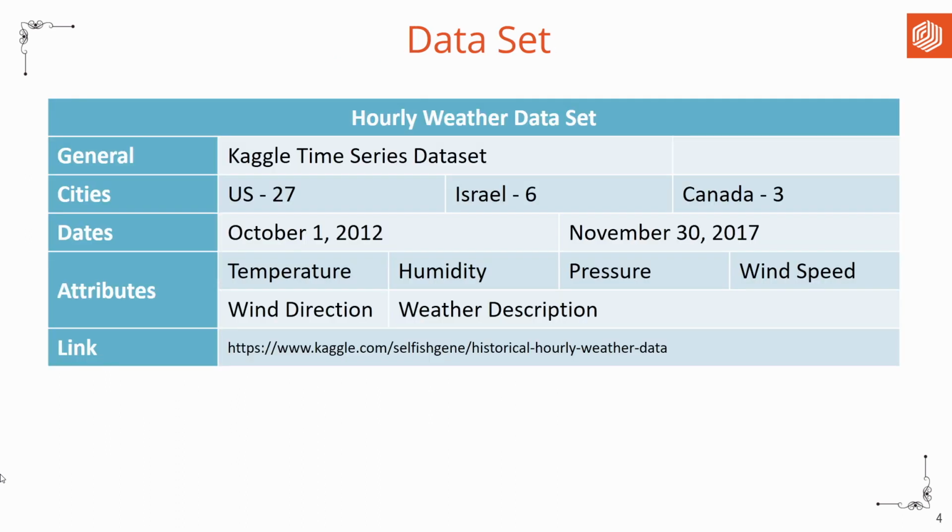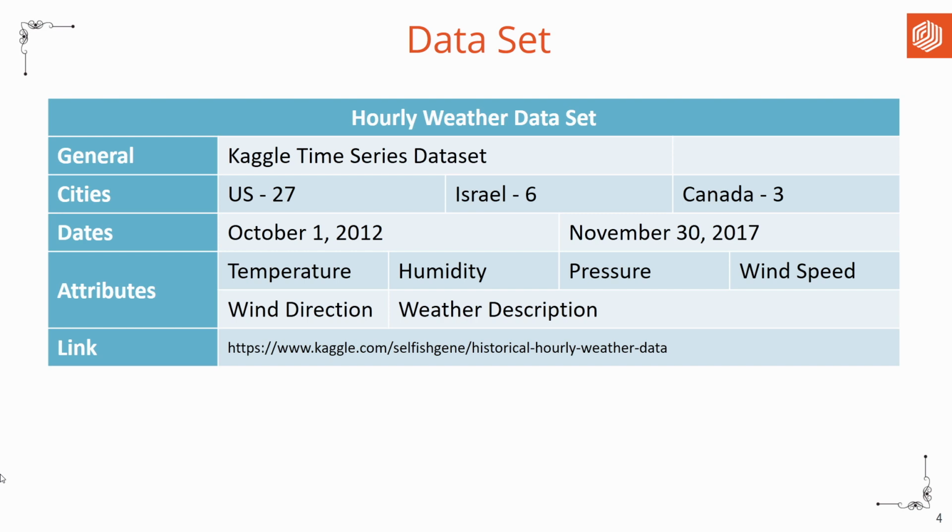To showcase time series capabilities of RapidMiner, the best way is to analyze a real data set. So what I will use in this session is a Kaggle data set about weather data. It's hourly weather data from mainly US cities, some from Israel, some from Canada, between October 2012 and November of 2017.